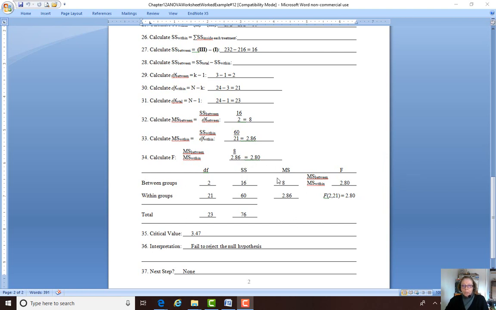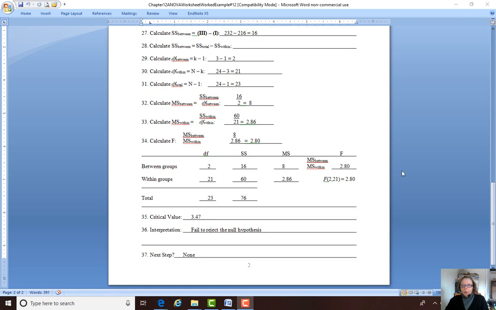So right down here is the ANOVA table. ANOVA tables are predictive in that the columns add up to the total, so 2 plus 21 adds up to 23. Our sum of squares between of 16 and our sum of squares within of 60 adds up to 76.